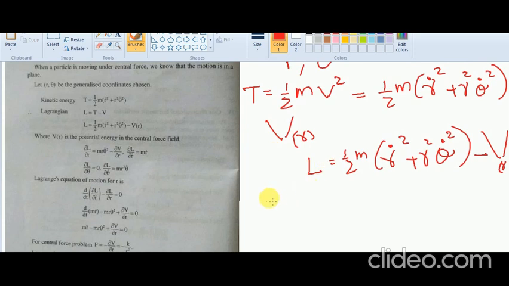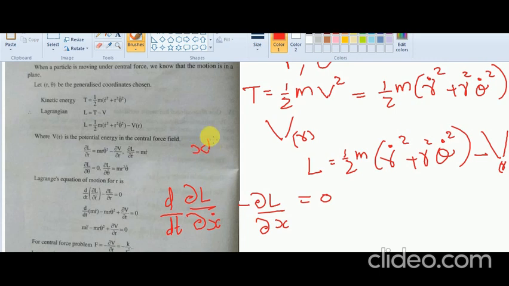For applying Lagrange's equation, we need to find dou L by dou x dot and dou L by dou x. Lagrange's equation states d by dt of dou L by dou x dot minus dou L by dou x equals 0. But here there are two x's, the generalized coordinates: one is r, another is theta.